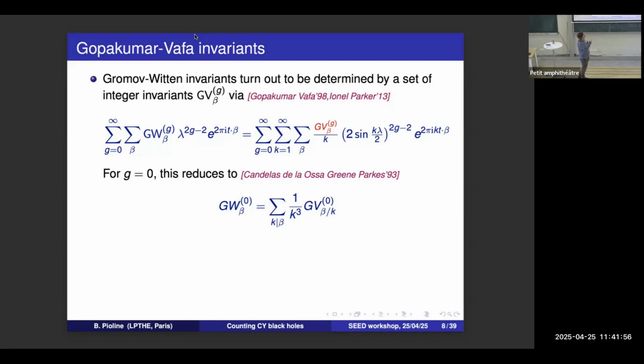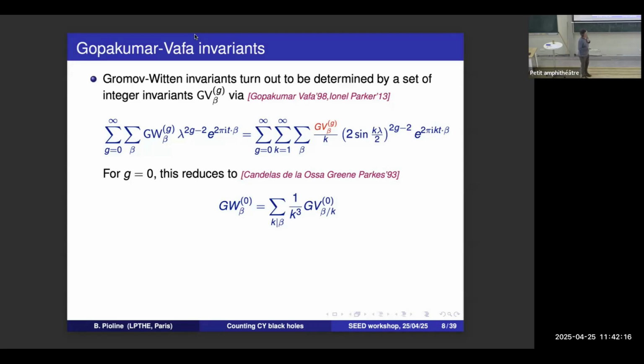And in fact, there is also some slight refinement of this procedure. And so the statement, which is now a mathematical theorem due to Ionel and Parker, is that the coefficients which appear in that re-expansion are actually integers.